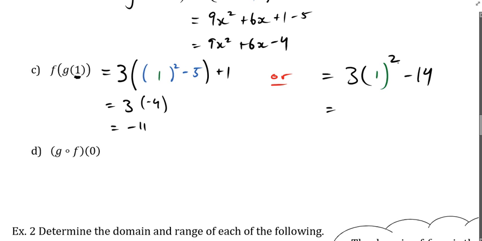So 1 squared is 1 times 3 is 3 minus 14 is negative 11. Both are fine. If you've already calculated the simplified version, sure, like on a test or something, you could absolutely sub into that, which would be that type. If you haven't, then maybe you do it this way. It's up to you, right? But you should be kind of thinking about how both of those are the same. Okay, why don't you try D on your own?